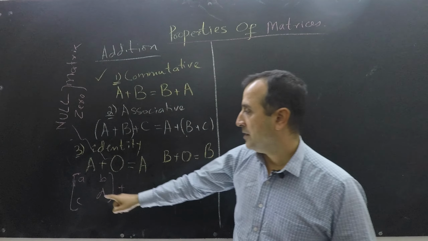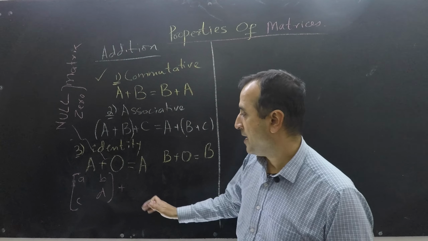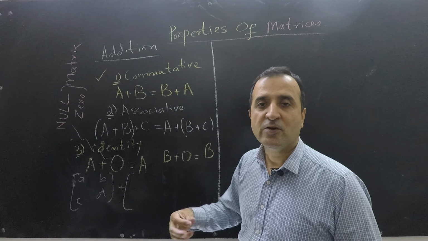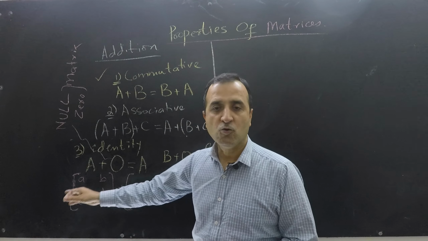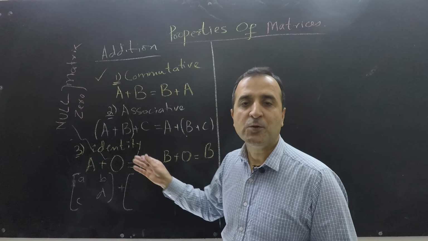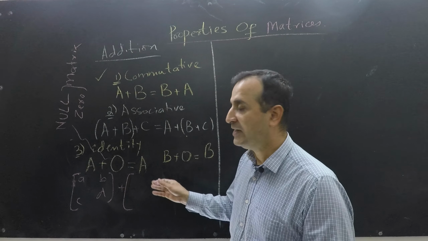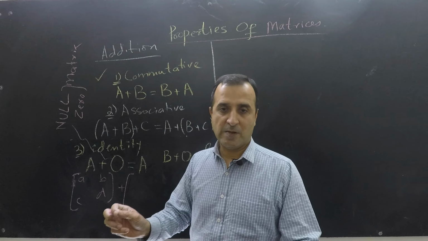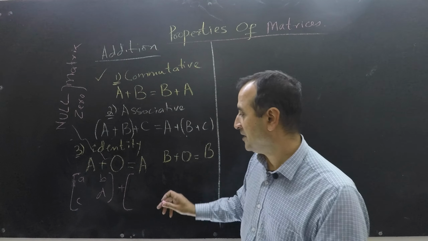So in A, I add the null matrix. The null matrix will be different for every dimension. Because I'm in 2 by 2 dimension, my null matrix will also be 2 by 2 dimension, because in case of addition, we can only add matrices with the same dimension. Remember, in case of addition, we can add matrices with the same dimension.